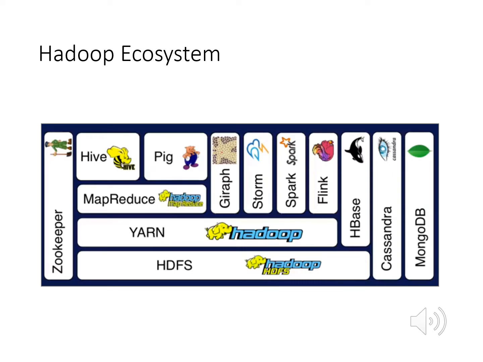It has the basic elements: HDFS, the Hadoop file system, Yarn, the resource manager, and MapReduce, the solution for parallel computing. We have learned Pig and Hive, which are built on top of MapReduce.